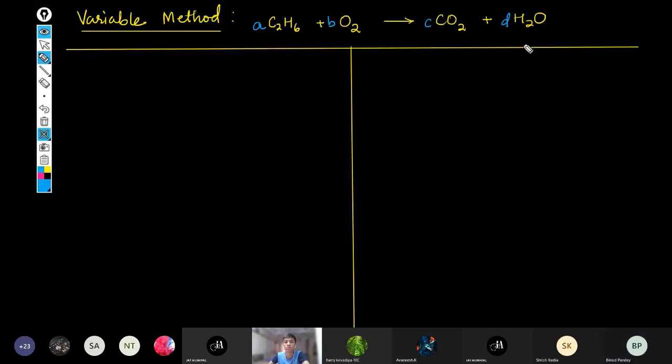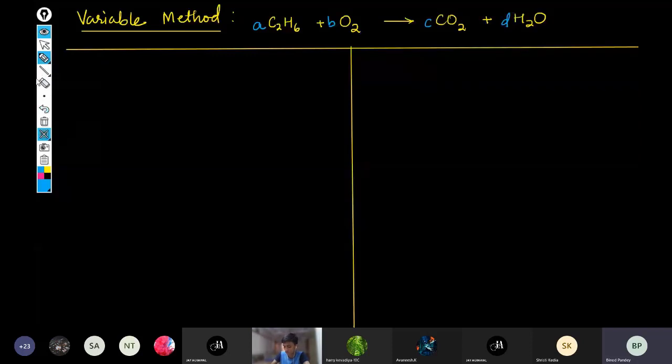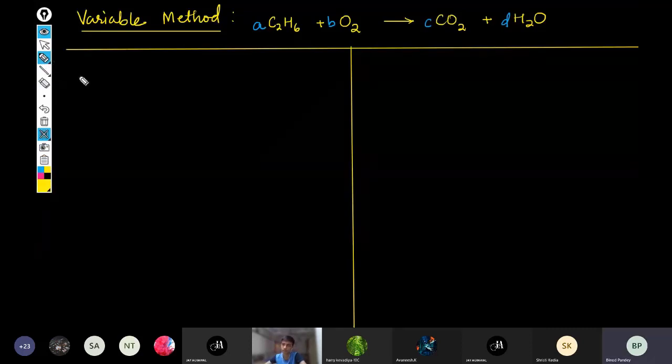Now, as we all know, if the reaction is balanced, then on both sides of the reaction the number of atoms will remain the same. So let's see here. For the carbon atom, we'll start with carbon.